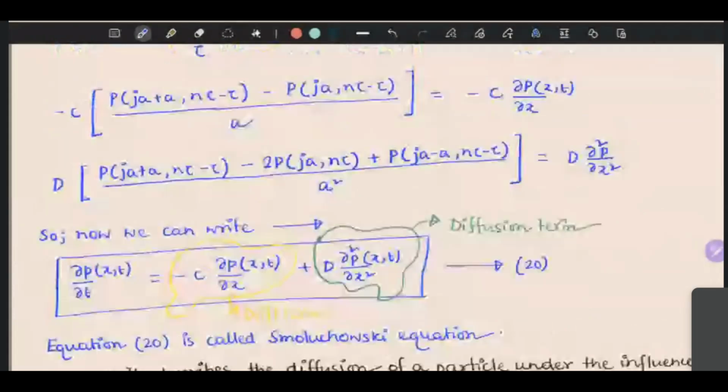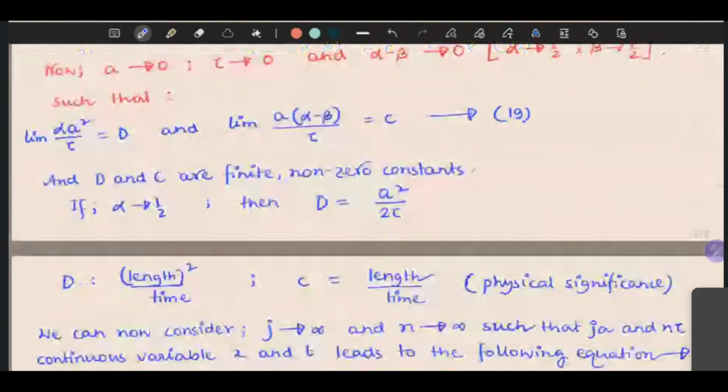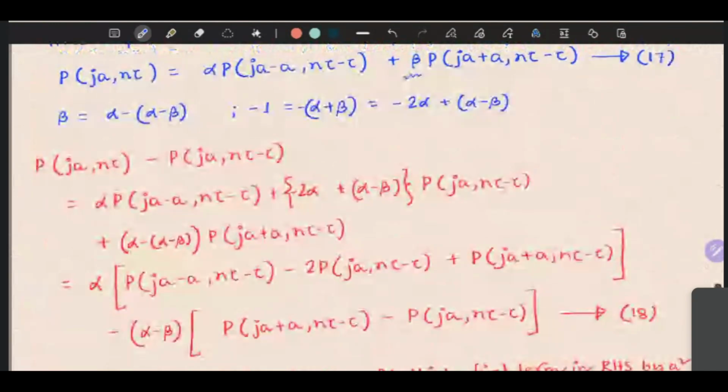Now if you do that, that will only add to this. When you reshuffle this, it will add only this term.